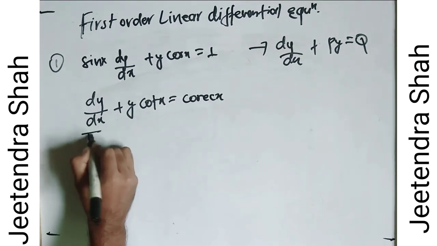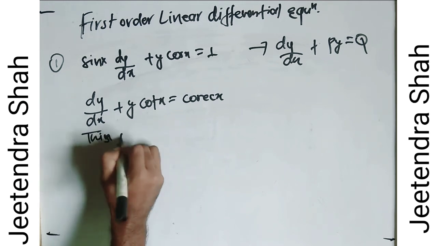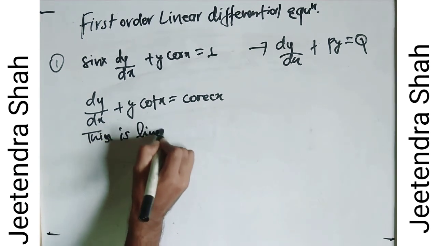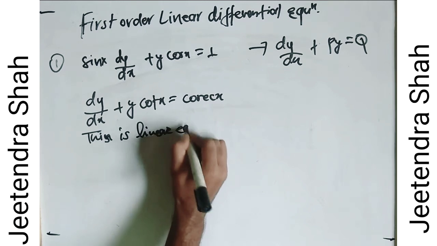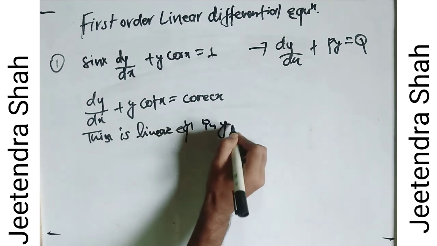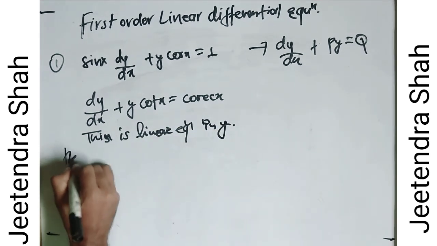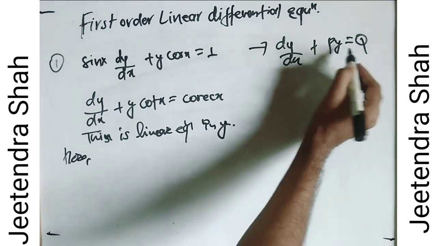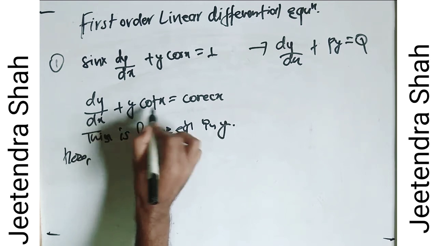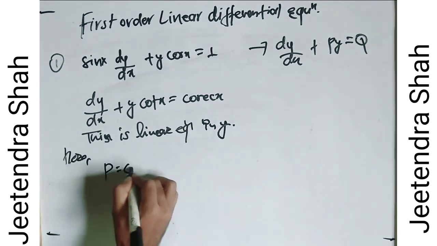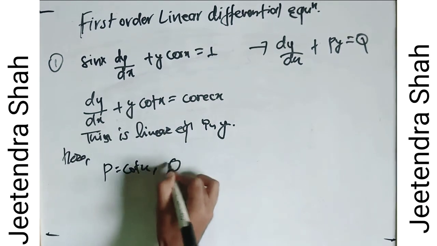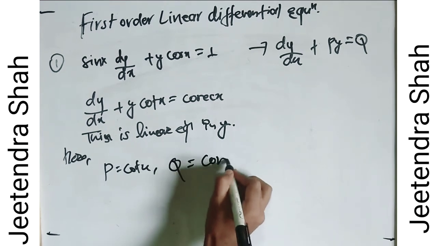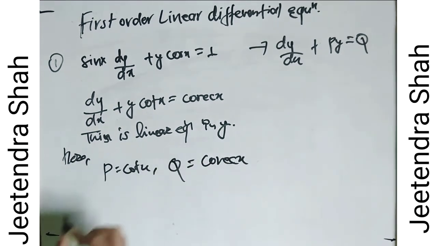Now this is a linear equation in y, in the form dy/dx + Py = Q, so P equals cot x, and in place of Q we have cosec x.